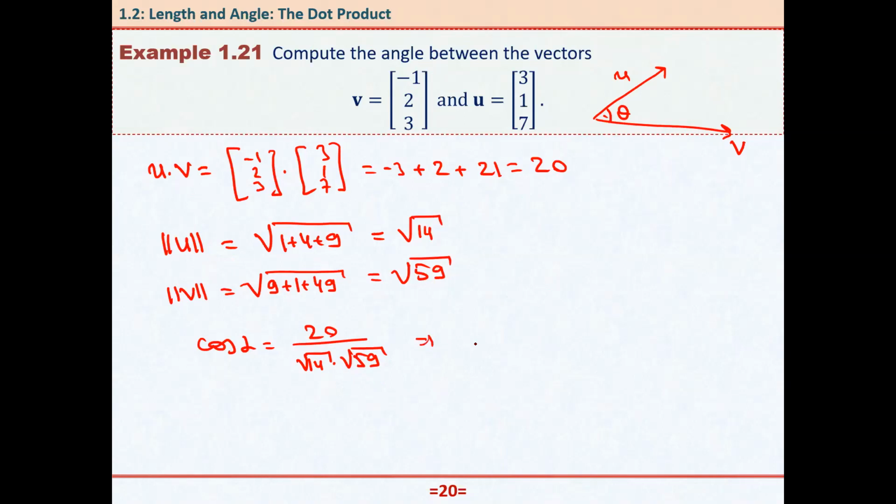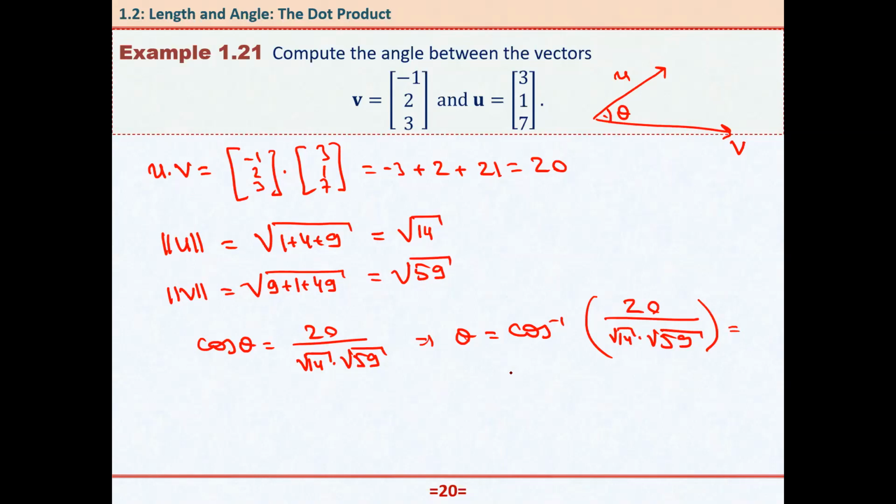So to compute the angle, that alpha, actually not alpha, I need to write theta here, will be cosine inverse of 20 over square root of 14 times square root of 59.